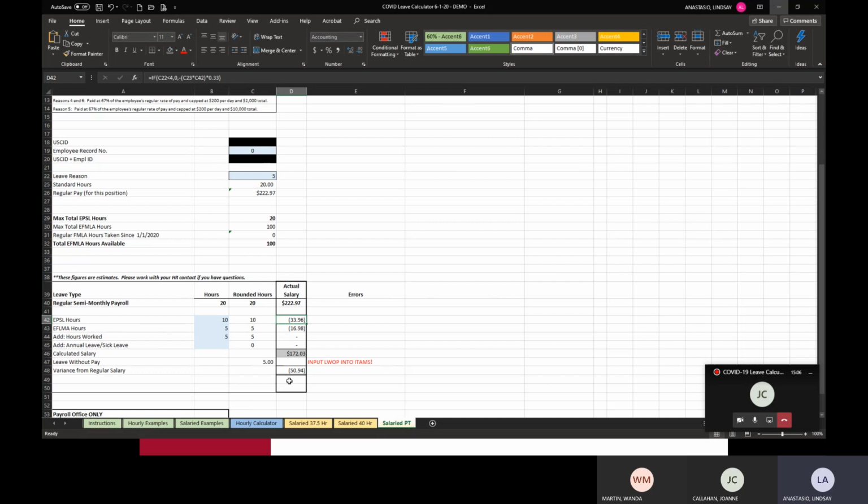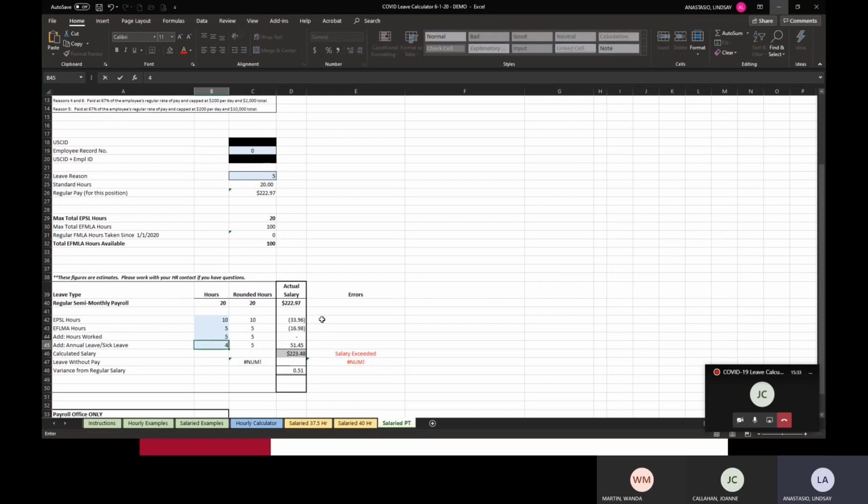So this leaves a balance of $50.94 that the employee will not be paid unless they record annual leave or sick leave hours to compensate for that. So as you can see, it tells you right here how many hours need to either be put in as leave without pay or be put in as annual leave or sick leave.